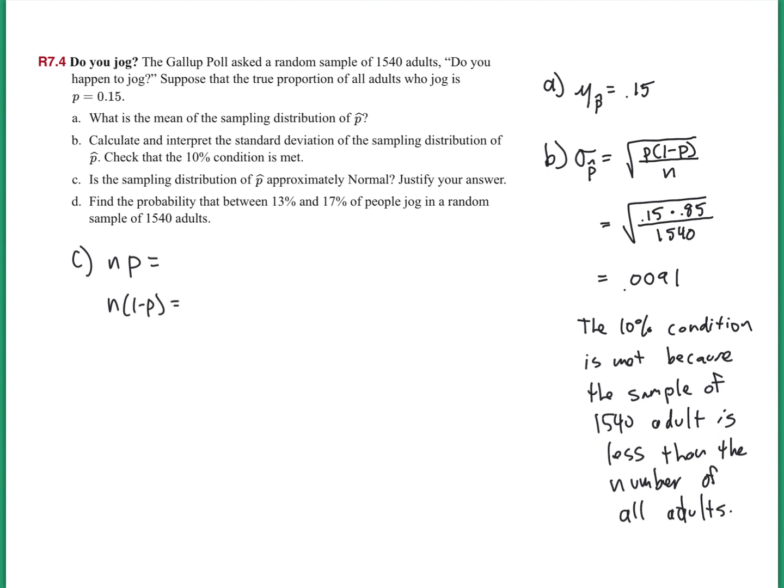Lowercase n is the sample size, so that's 1540, and the p they give us is 0.15. That ends up being 231, which is greater than or equal to 10.